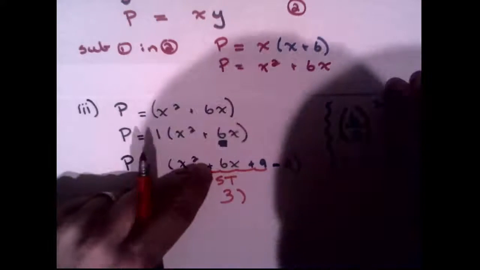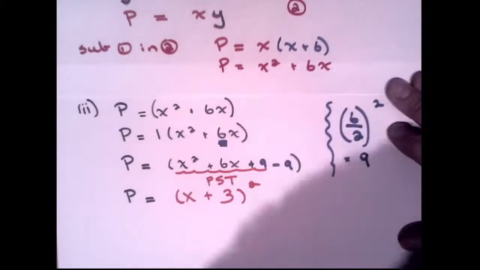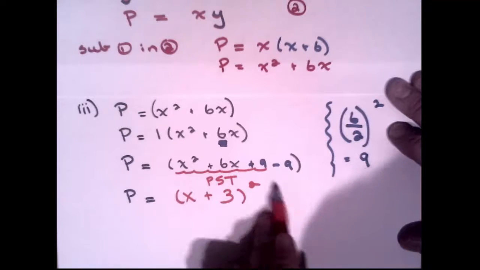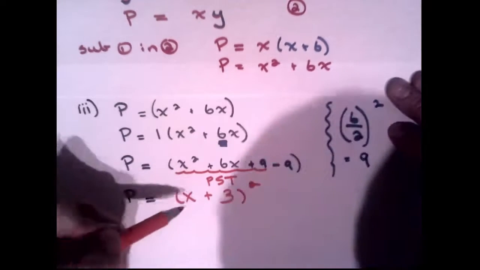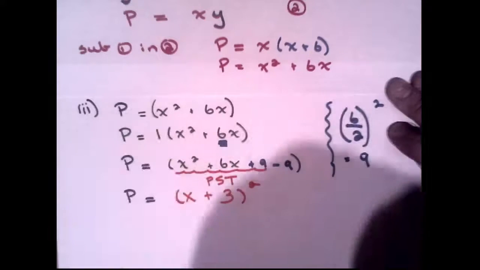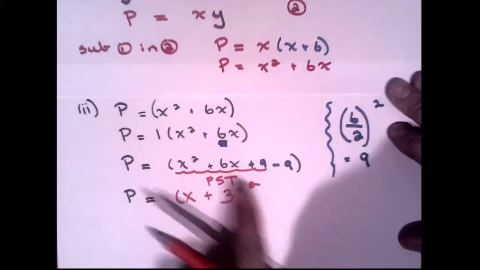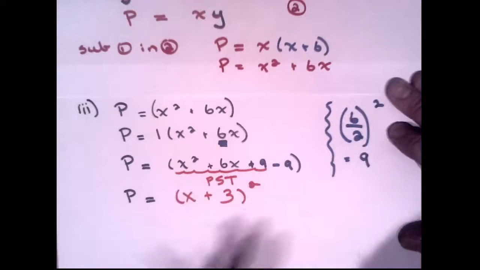You drop this sign, so it's positive, you drop it down here, and you put a squared out there. And you can check to see if that's right by doing this, because this is now a binomial squared. Watch, I'll get back this answer: x times x, x squared. And you do x times 3 times 2, which is 6x. And then you do the last term, 3 times 3, 9. And you've confirmed it's fine.